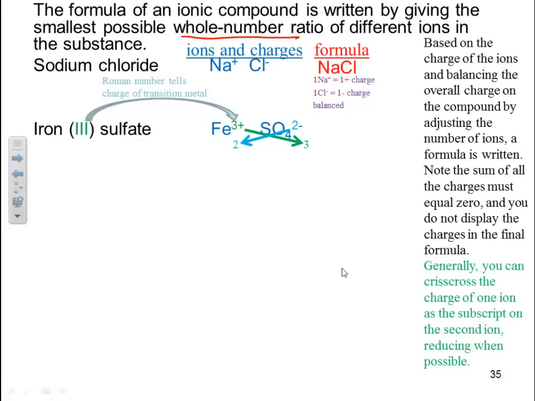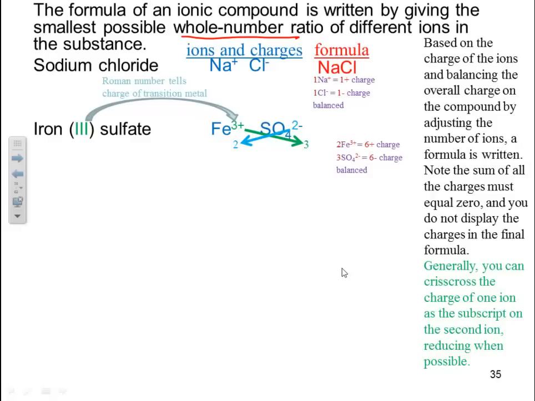Generally, you can crisscross the charge of one ion as the subscript on the second one, reducing when possible. Got to make sure it's the smallest whole number ratio. So I've got a 2 on my sulfate, bring that down. My 3 on my iron, bring that over. That tells me I will have 2 iron(III), 2 times 3 plus is 6 plus, and 3 sulfates, 3 times 2 minus is 6 minus.